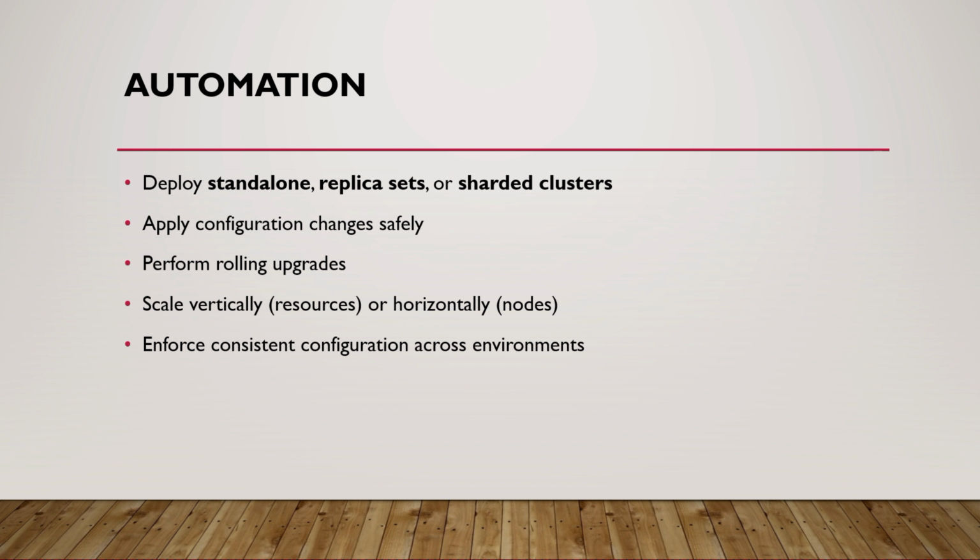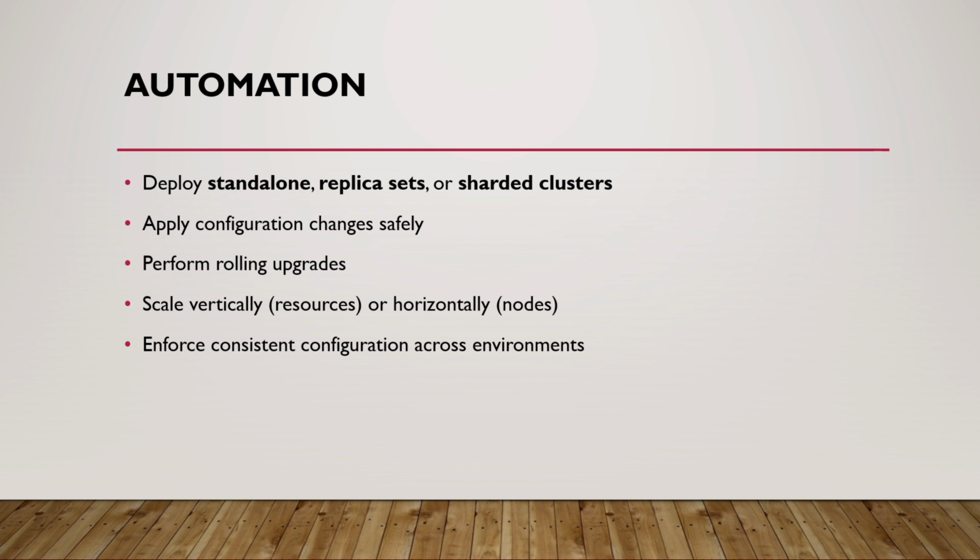Ops Manager allows you to deploy standalone, replica sets or sharded clusters, apply configuration changes safely, perform rolling upgrades, and scale resources vertically or nodes horizontally. This scalability ensures that your database can handle increasing loads without significant downtime.